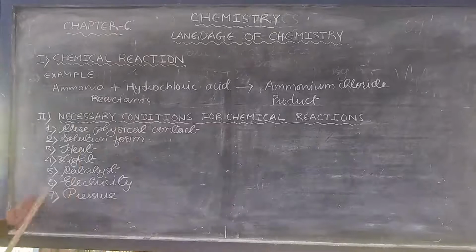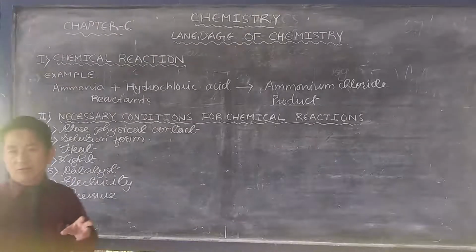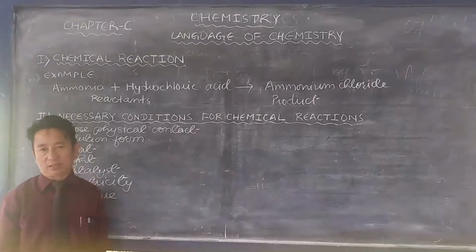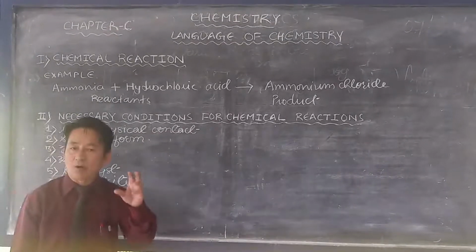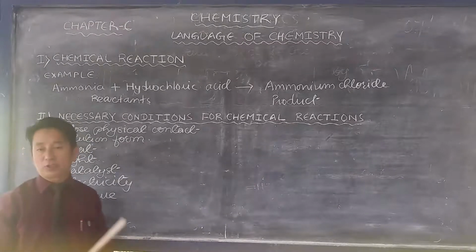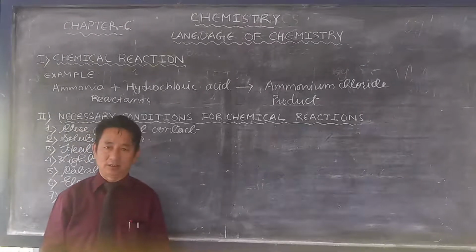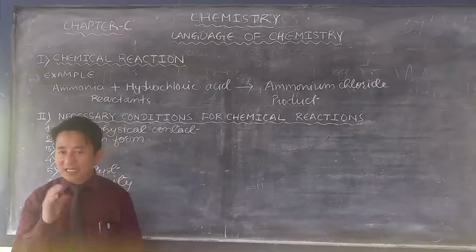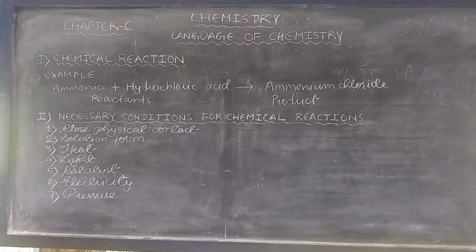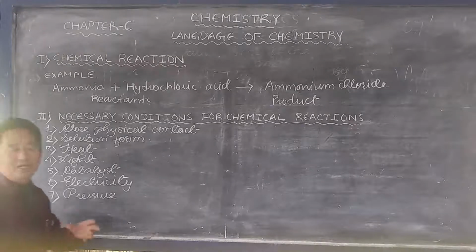Next here, electricity. Some chemical reactions take place by the passage of electric current, for example, decomposition of acidified water takes place only by the passage of electric current. Now, the last one here, pressure.